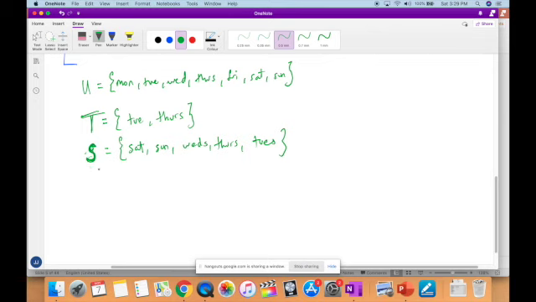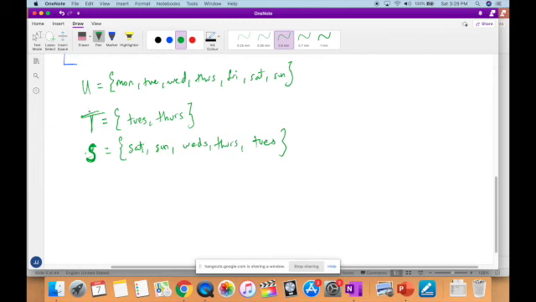Yes. Would you say that the set S is inside the set T? No. Would you say that the set T is inside the set S? Yes. So the set T is actually inside of the set S.